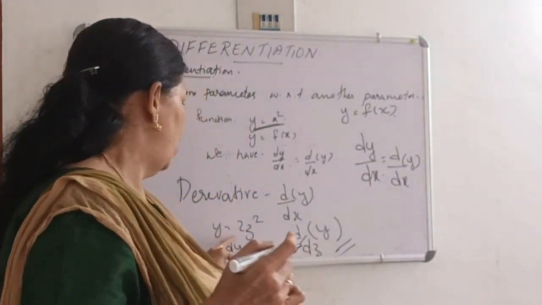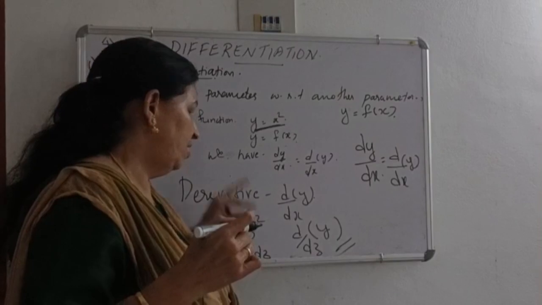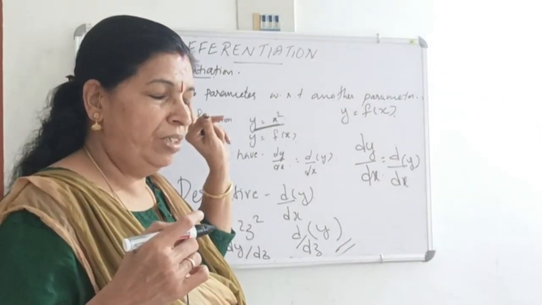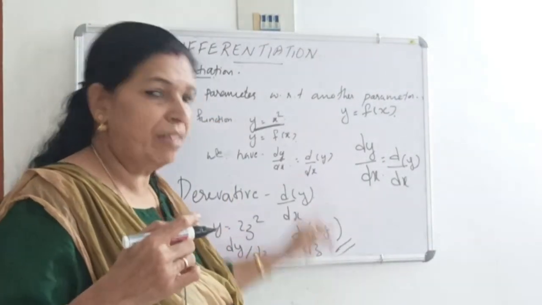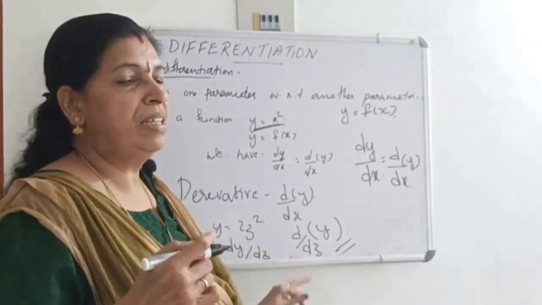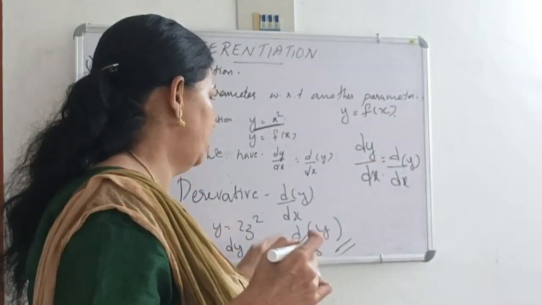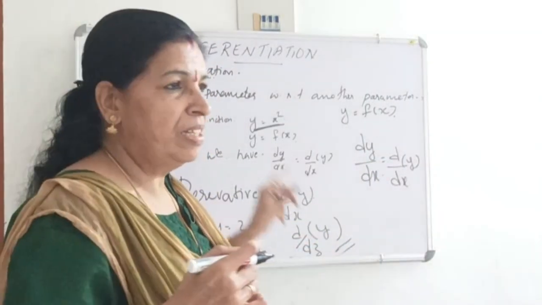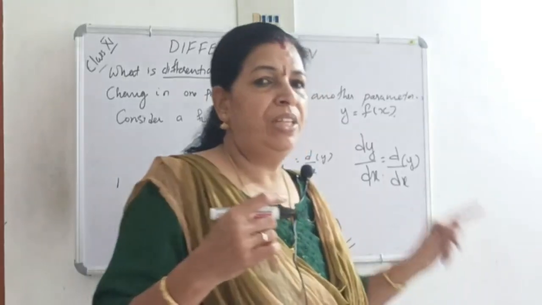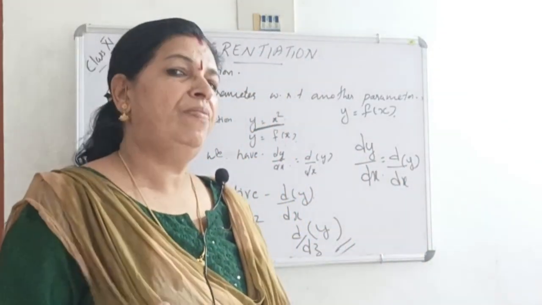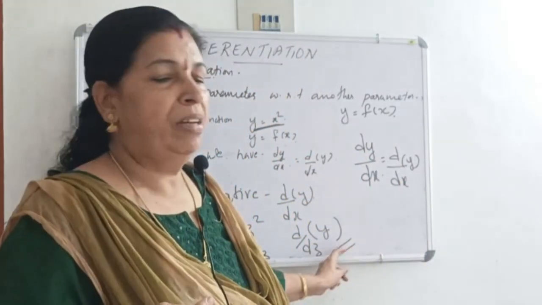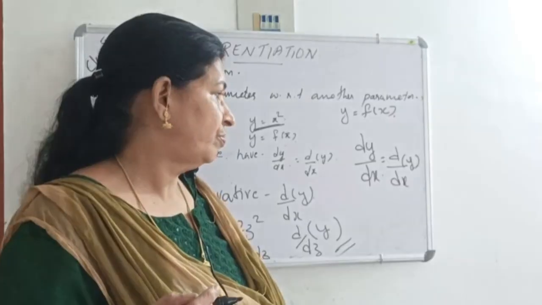If y is a function in z, instead of finding dy by dx, we find d by dz of that function, that is dy by dz, the derivative of y with respect to the other parameter z.